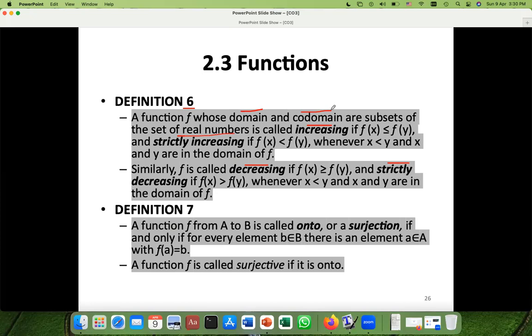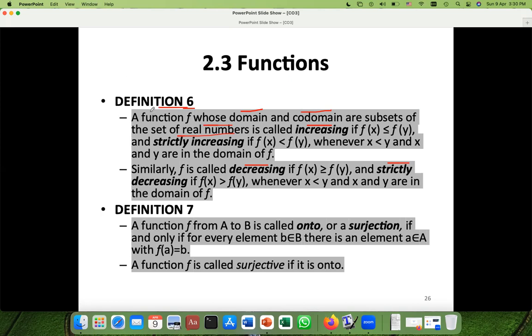So if you have the function f and then you have the domain and the codomain, and if the domain and the codomain are subsets of real numbers, now we have the domain actually real numbers, and our function's domain and codomain values would be from the set of real numbers.